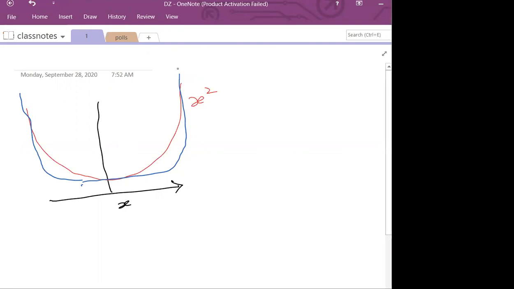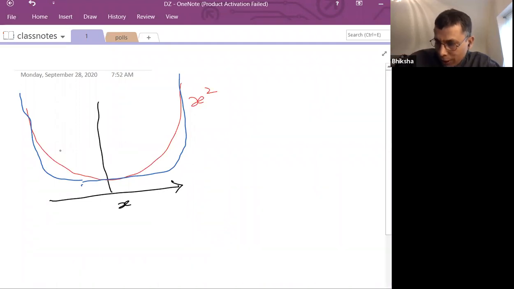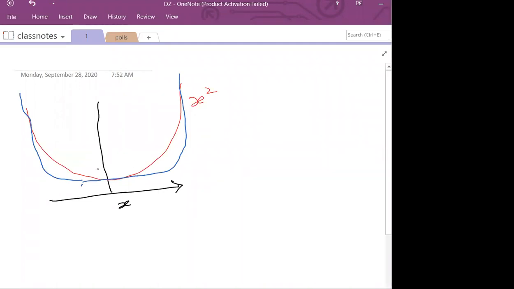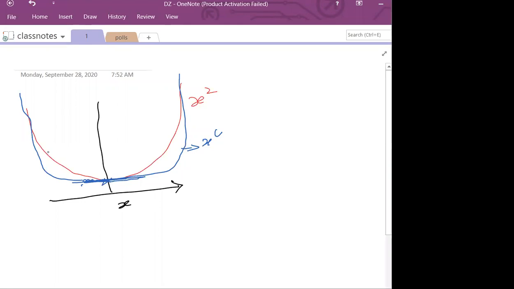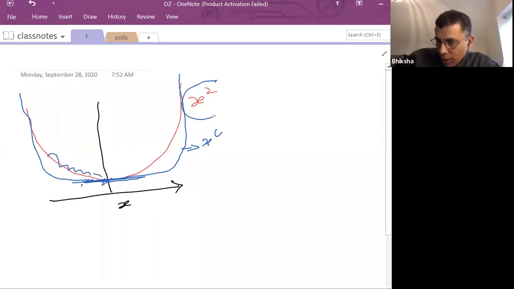The quadratic, right? Because both of them have the bowl shape, but in the case of x raised to 4, it becomes too flat near the minimum. And now your steps are going to become tiny, and getting here is going to be an immensely painful thing. So in some sense, the quadratic is your ideal objective function.